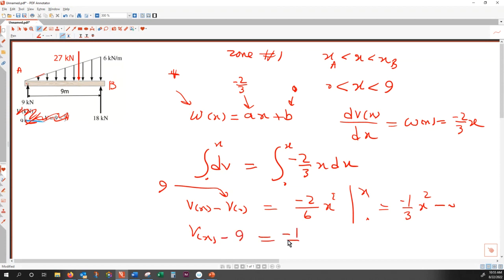That is equal to minus 1 third x squared. And from here, I find an expression for V of x, which is minus x squared divided by 3 plus 9. All right. Now we have an expression for V of x, and we can plot that.